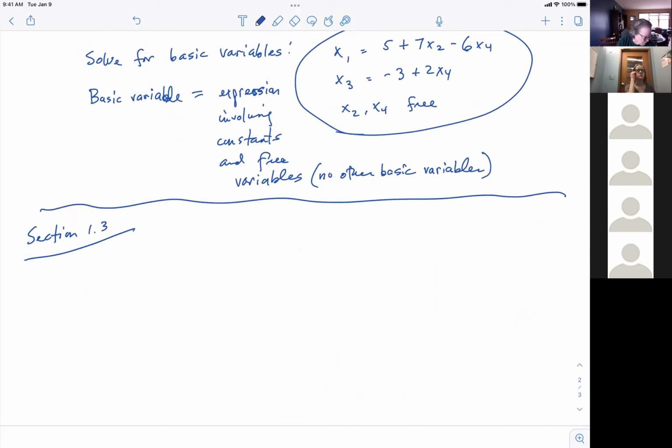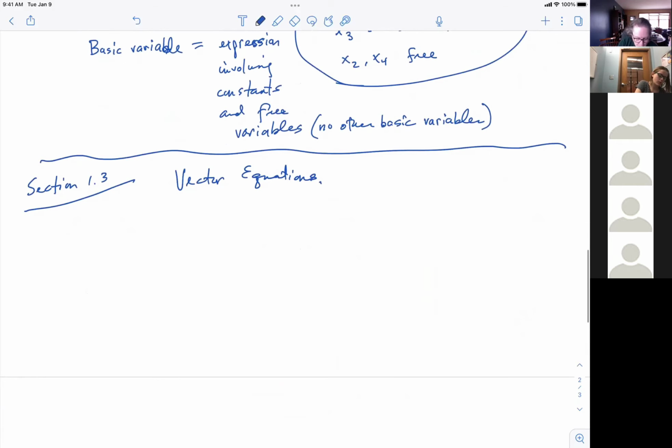All right, so section 1.3, the title is vector equations. The first thing we're going to do is talk about what's a vector. I don't know if your book has a definition.